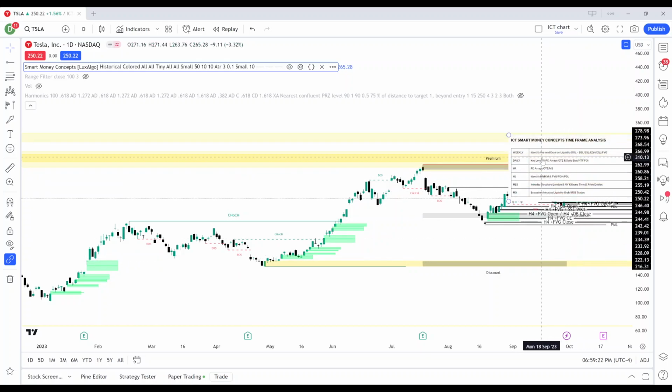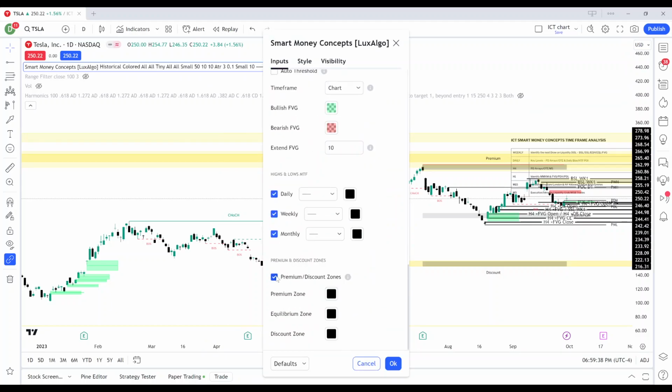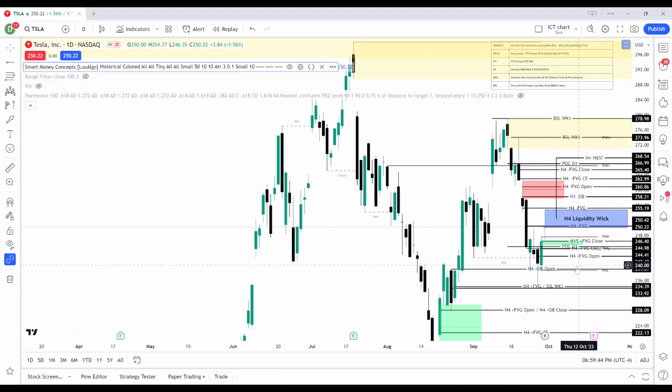Possibly, but according to our Smart Money Concepts time frame analysis, we want to know where we are in that position, and we are not even back to equilibrium, just in between premium and discount. You can use that. I choose not to use that piece of the Smart Money Concepts, but it's certainly one part of the tool that could be valuable to you.